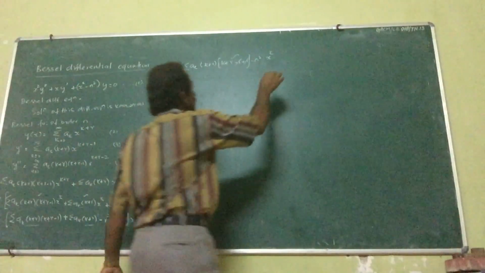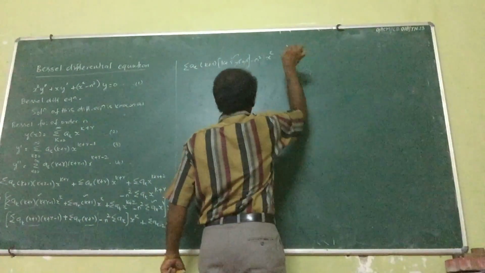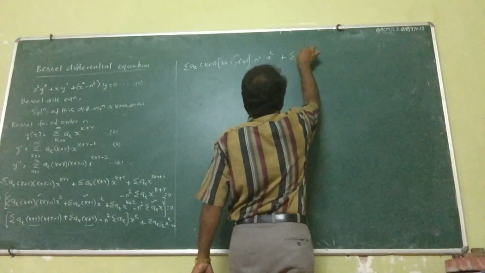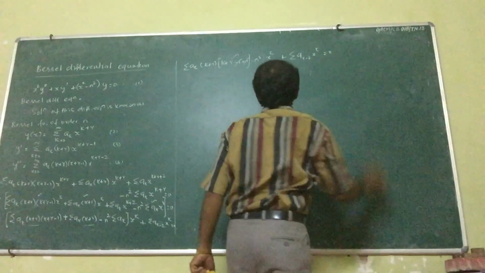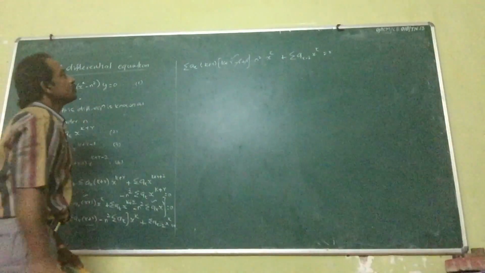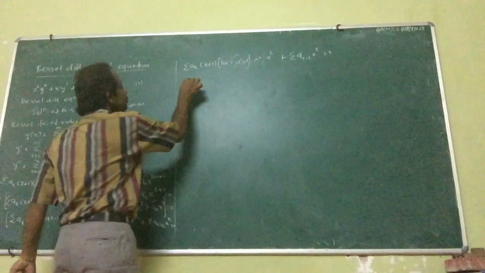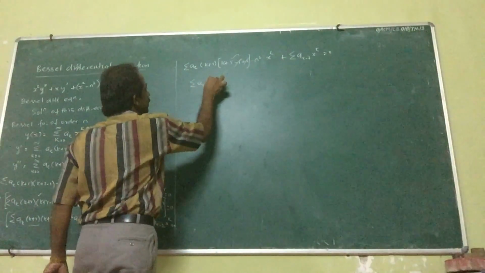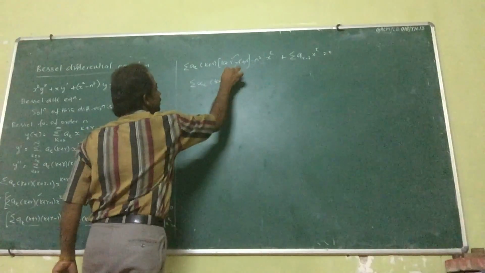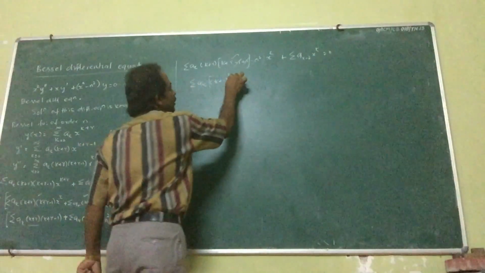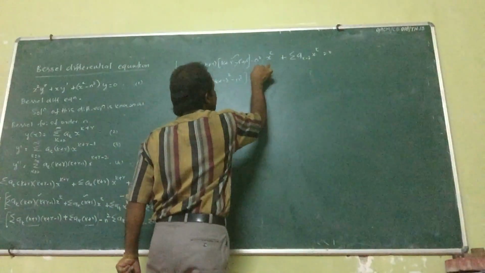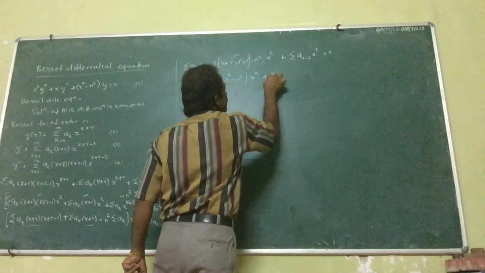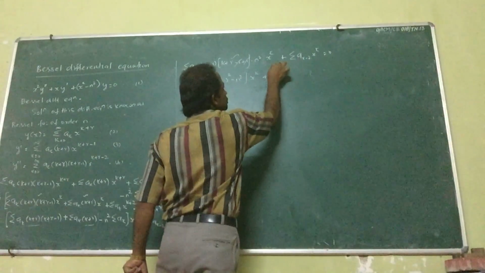So the remaining term will be a_k. So you now have sigma a_k [(k plus r) whole square minus n square] x to the power k plus sigma k equal to 2 to infinity.